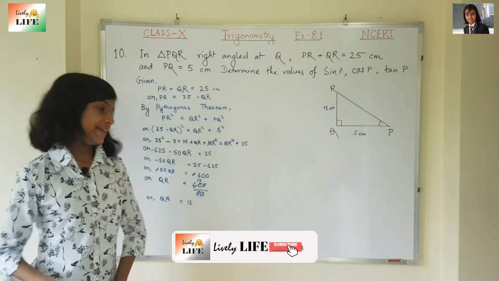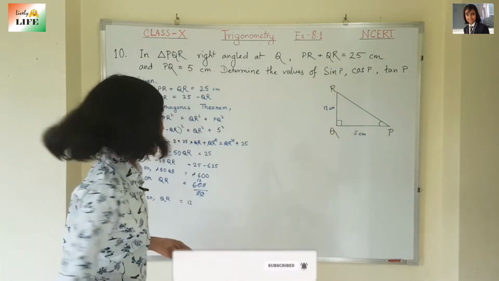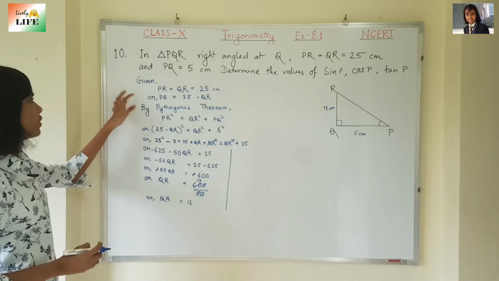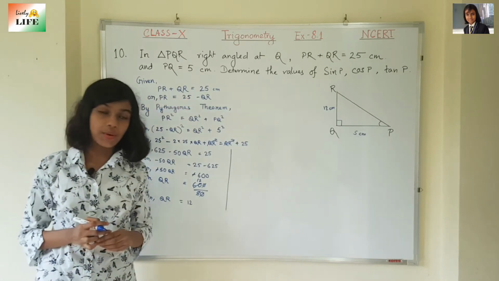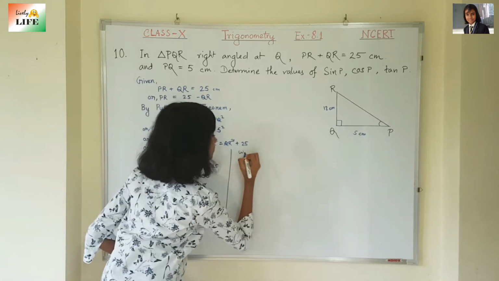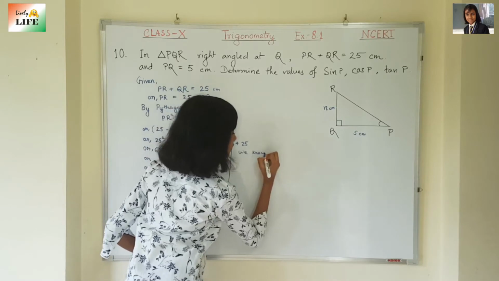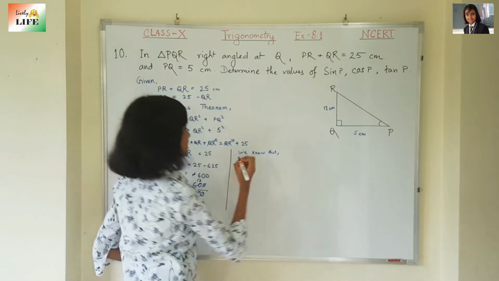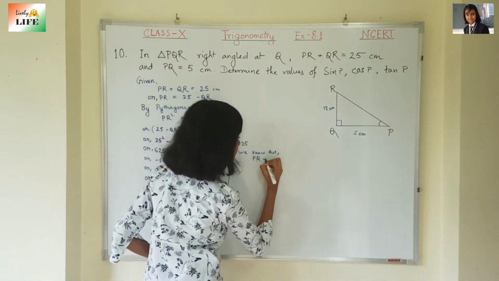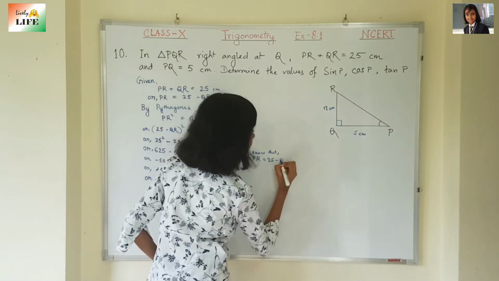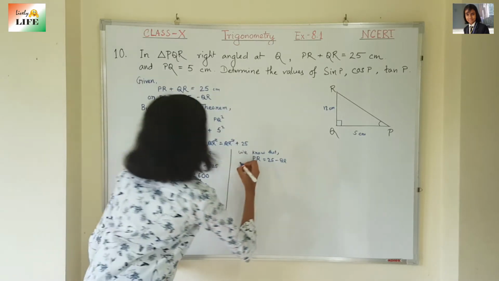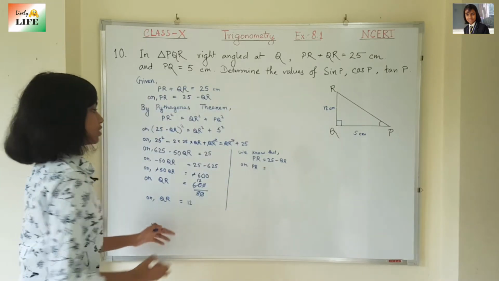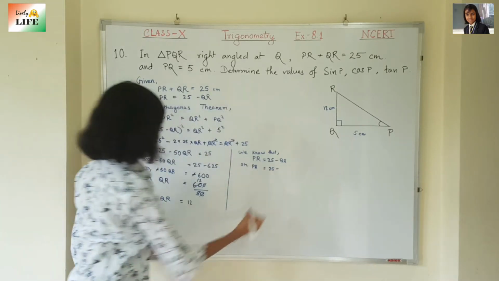Okay, now we need to find out PR. Over here we know that PR is equal to 25 minus QR. So PR is equal to 25 minus, what is QR?